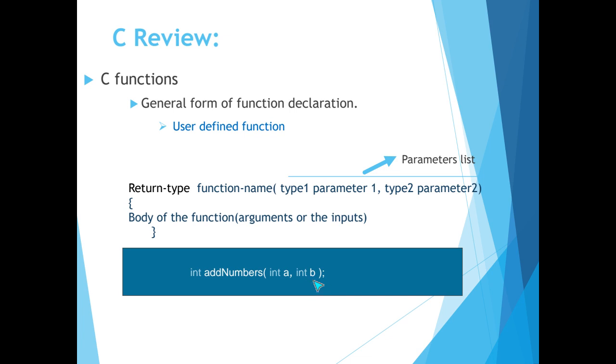And inside the parentheses, again, the parameter list is written: the type of the first parameter and its name, int a, and again for the second parameter, the type of the parameter, which is an integer again, and the name of the parameter. You can use any kind of name. Here I used a and b for the names of the parameters.